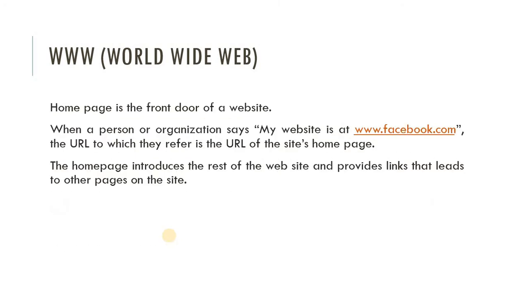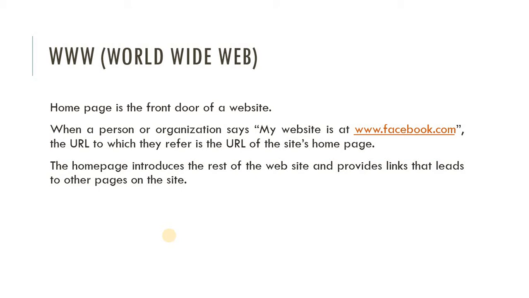Now we all know that all the content is stored on the WWW server, and if I want that content, the first thing I need is a web browser. Without a web browser, I cannot request any content. So let's understand what a web browser is.